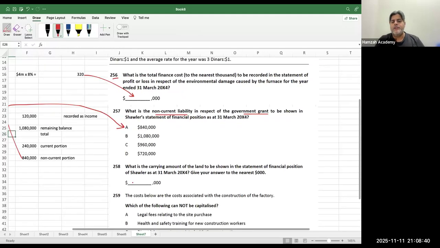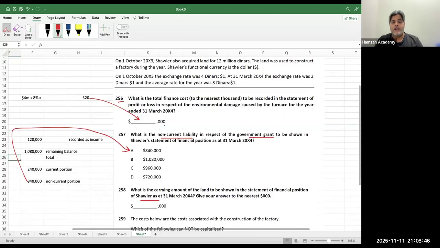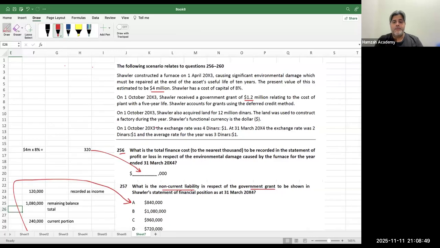Then, what is the carrying amount of the land to be shown in the statement of financial position of Scholler at 31st March? Carrying amount for the land. On 1st October 23, Scholler also acquired a land for 12 million dinars. The land was used to construct a factory during the year. Scholler's functional currency is the dollar. So you got a land over here.